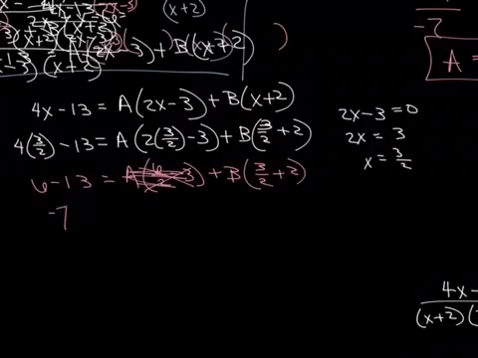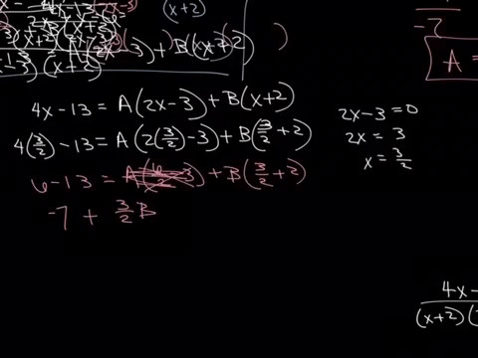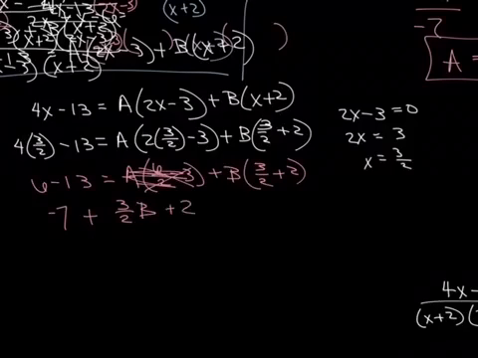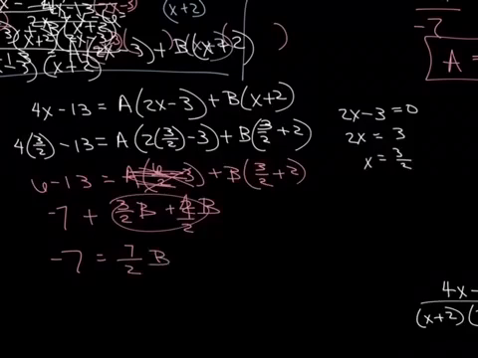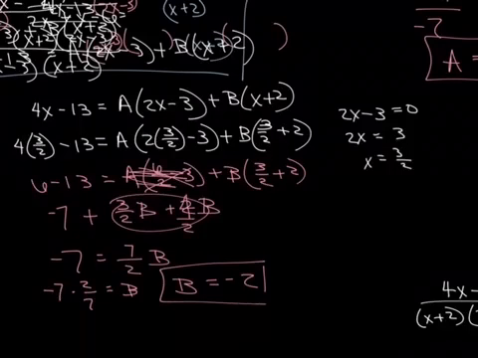I have negative 7 here plus 3 halves b plus 2b. Common denominators, make that a 4 over 2, so I can add these. Negative 7 equals 7 halves b. Divide by 7 halves, invert and multiply, negative 7 times 2 sevenths equals b. So b equals negative 2.